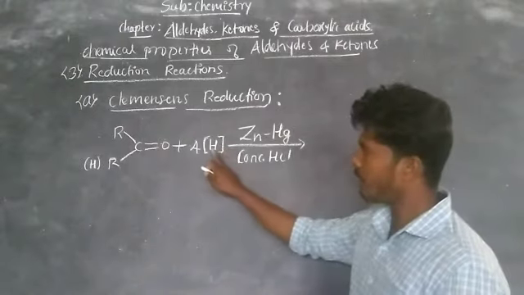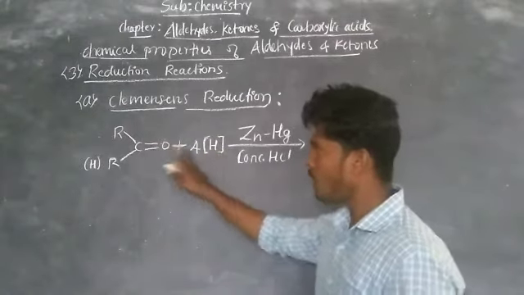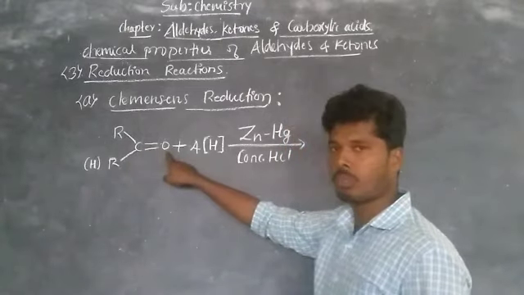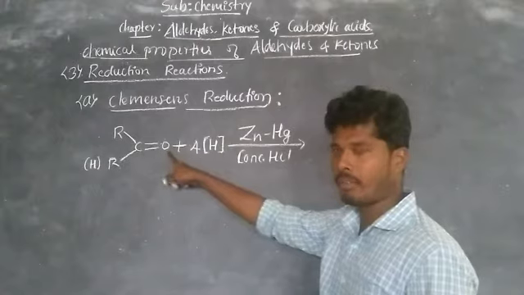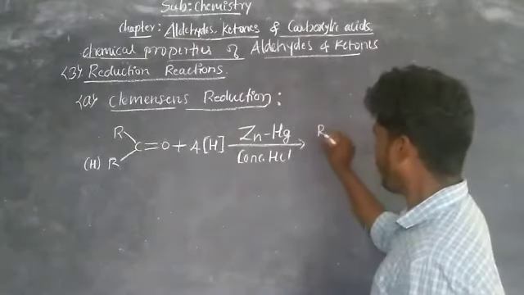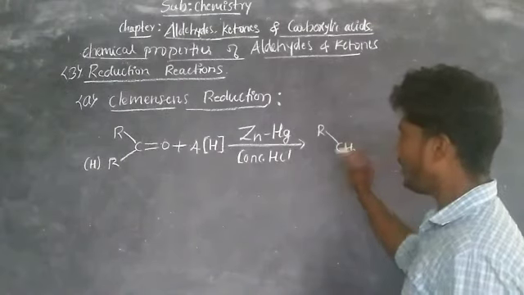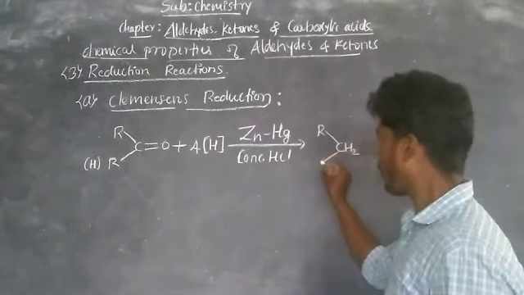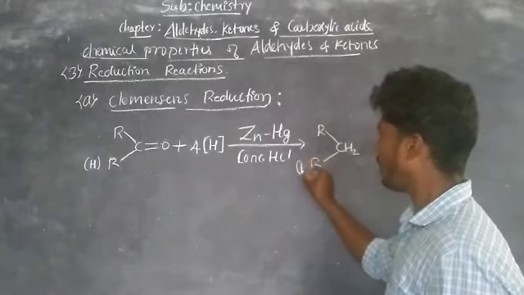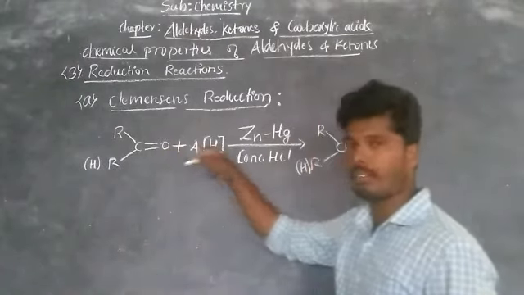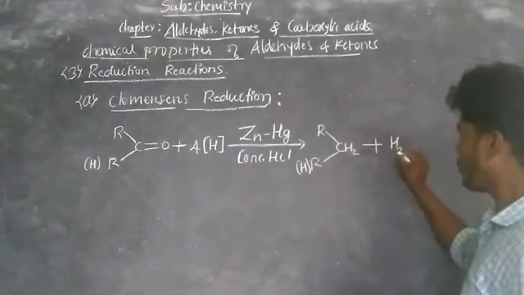So observe here, there are 4 hydrogens. Out of 4, 2 hydrogens are added to this carbon and the remaining 2 are added with oxygen and become water. Now observe R, C. Now 2 hydrogens are right here, then either R or hydrogen, plus the remaining 2 hydrogens and oxygen become H2O.